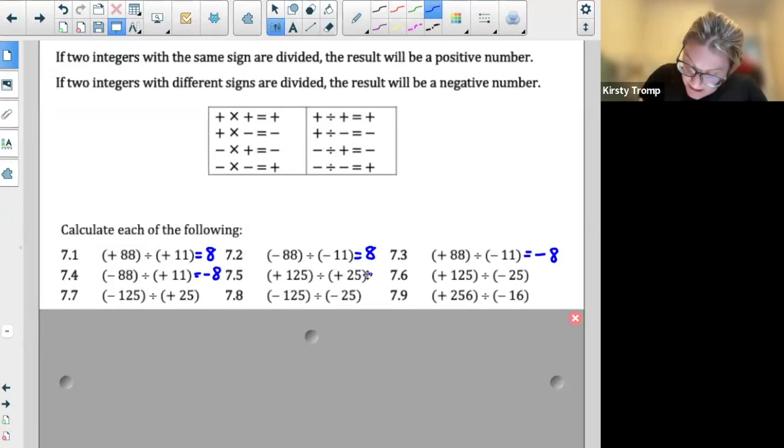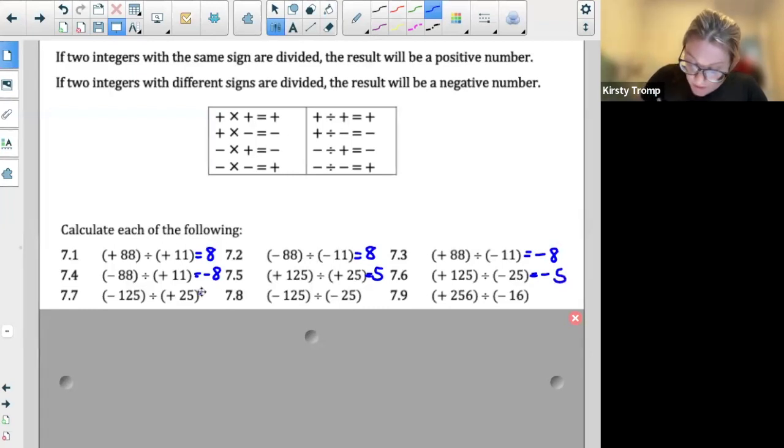My next one, I've got a positive divided by a positive. I get a positive, and 125 divided by 25 gives me 5. Again, I'm doing it in steps. A positive divided by a negative gives me a negative. 125 divided by 25 gives me 5.